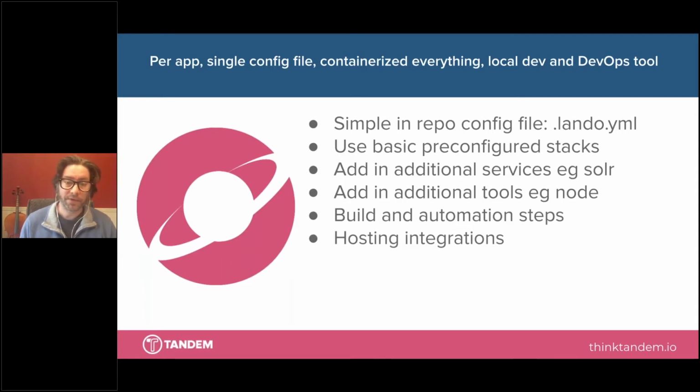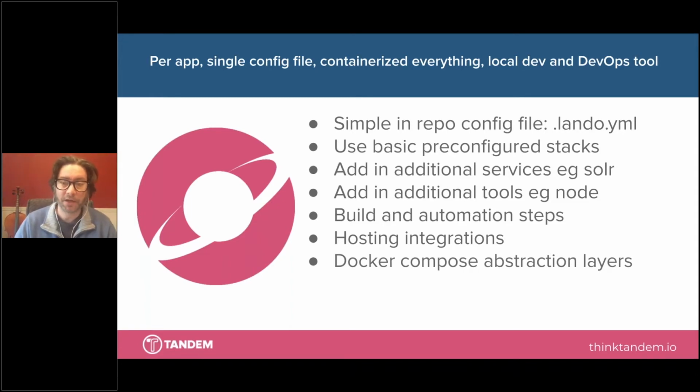You can integrate with some hosting partners. And Lando is an abstraction on top of Docker Compose. So anything you can do in Docker Compose, you can do in Lando. You can pass it through to Docker Compose if you need to do some more complicated things. It's cross-platform. You can run this on Windows, Mac, or Linux.